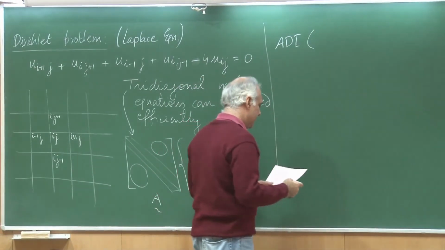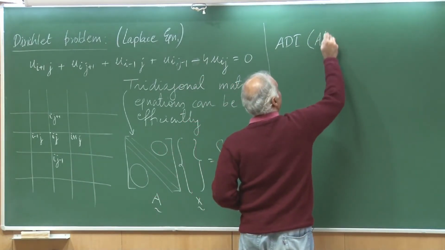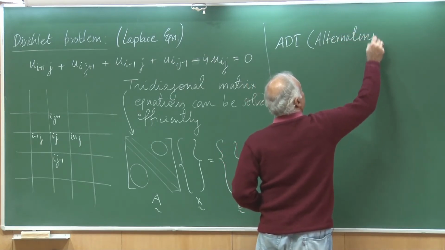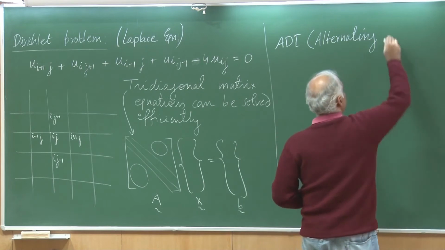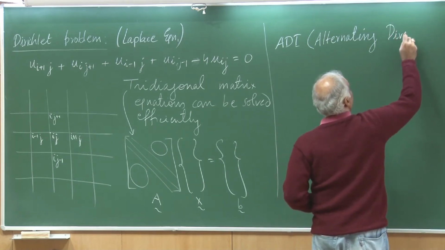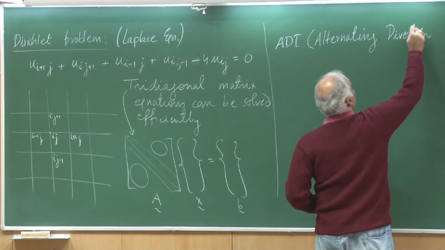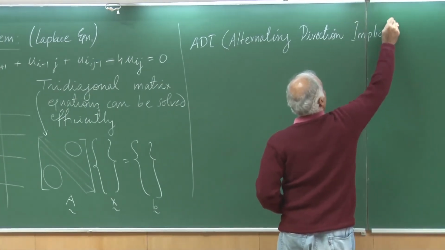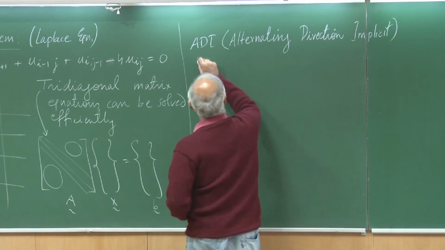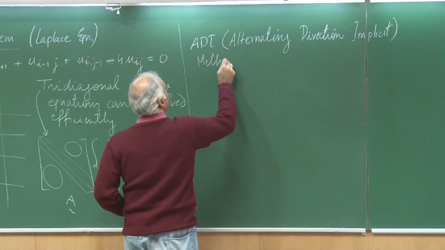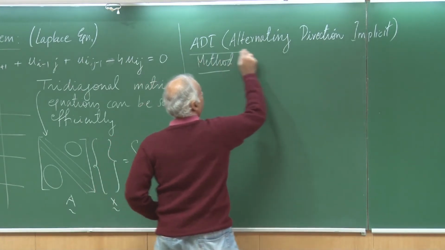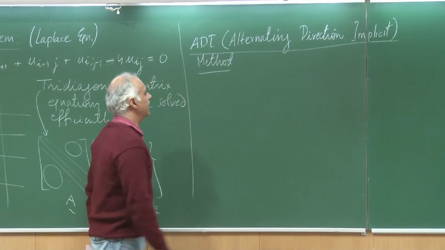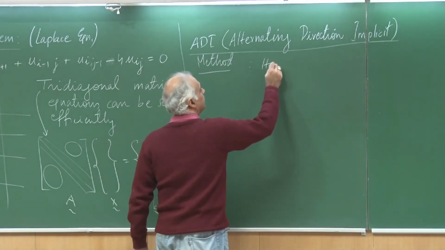The ADI method is the alternating direction implicit method, and we are going to use an iterative approach.